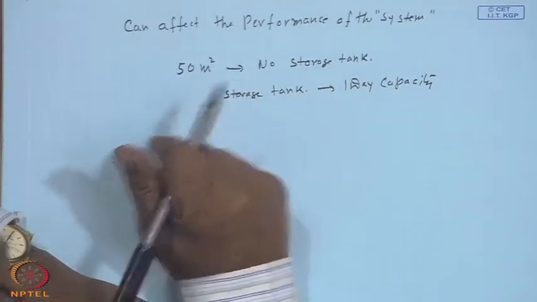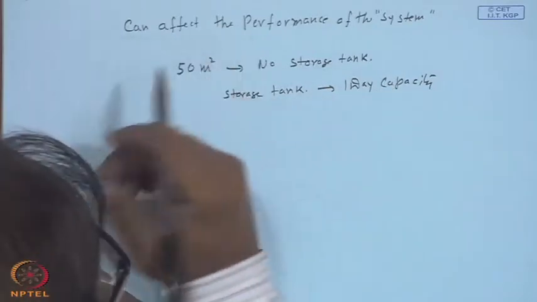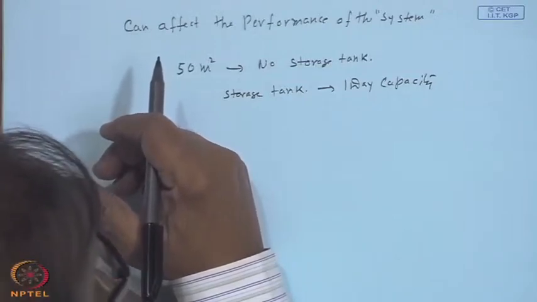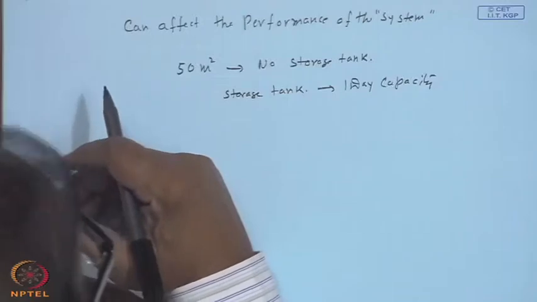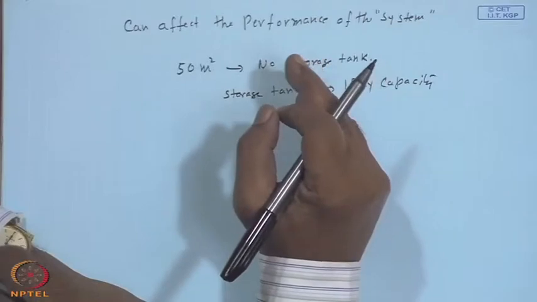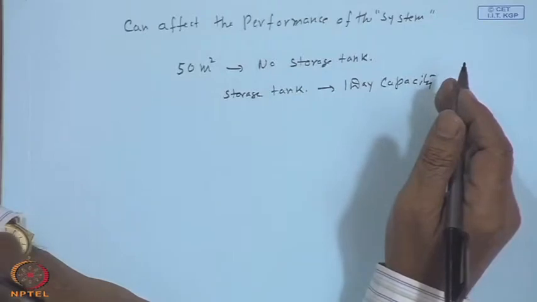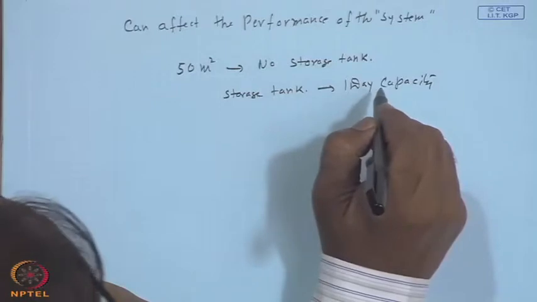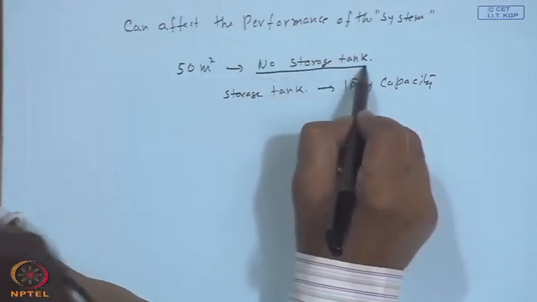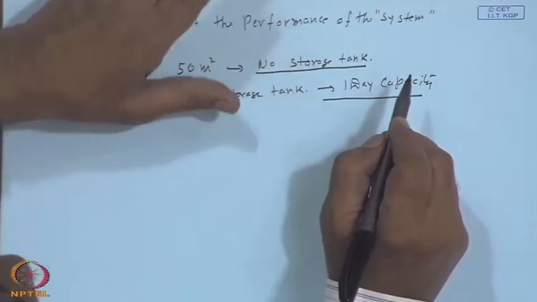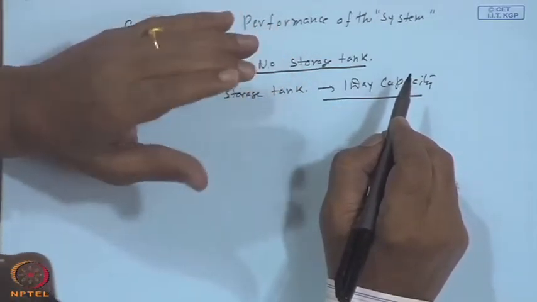In other words, if 50 square meters are going to give you something like 50 into 60 liters of water at about 60 degrees C, you have a tank capacity corresponding to 50 into 60 liters, and that water will be available if collected today for tomorrow, right from whatever is the time that you need. So, the effectiveness of the same system is enormously increased compared to having no storage tank. This is an extreme example I gave to drive home the point.